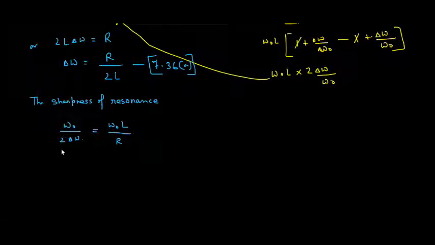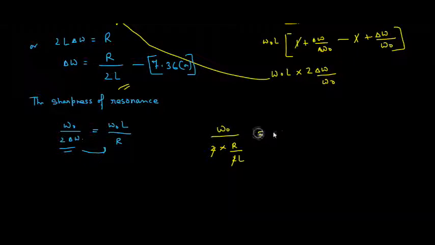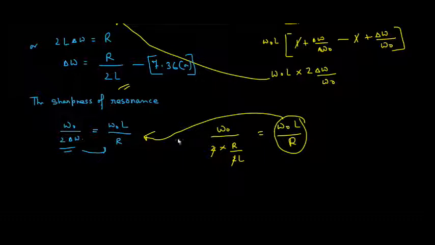So sharpness is given by this ratio, and upon solving we get this. How do we solve this one? How did we get this? So let us see. Omega naught I will write as it is. For delta omega, I will put this value. So R by 2L, the 2 gets cancelled and we get omega naught L upon R. So we derived this expression for sharpness.